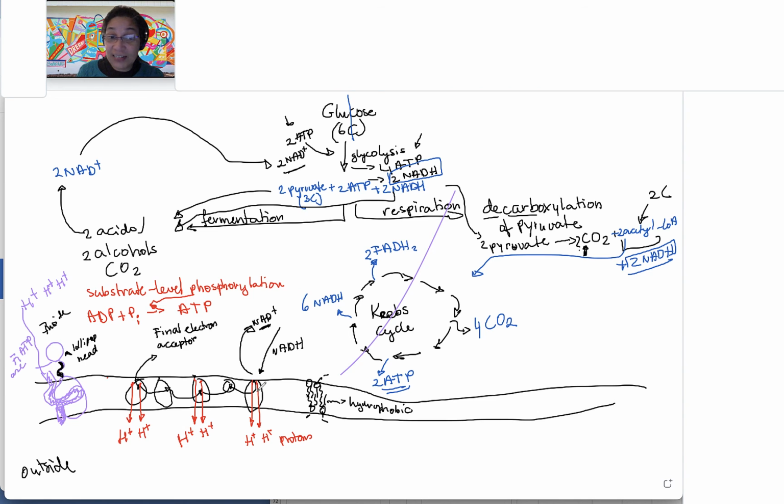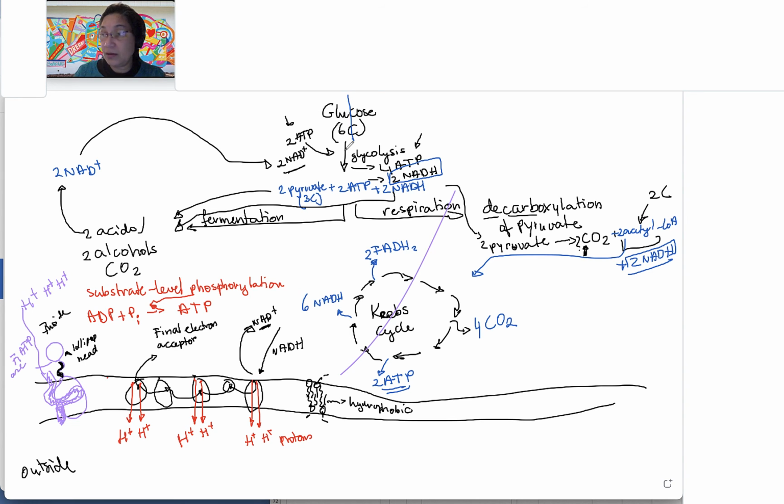The electron transport chain got that energy from the flow of electrons. The electrons were coming from NADH. And NADH was coming from the Krebs cycle, from the decarboxylation of pyruvate, and from glycolysis. It's a long way to go.